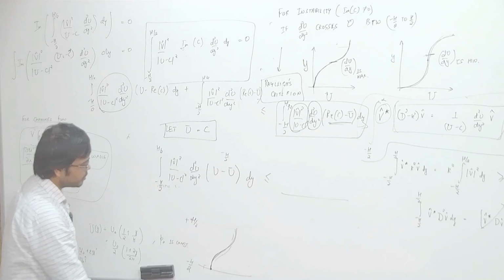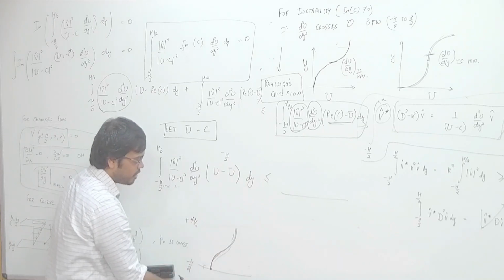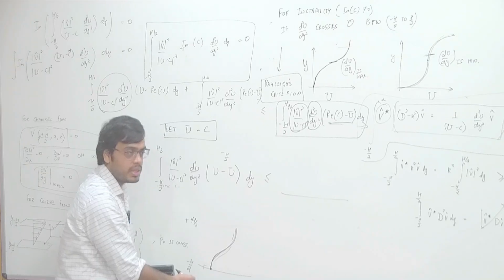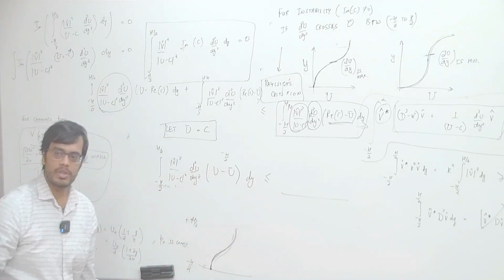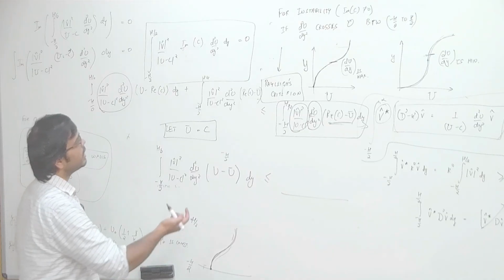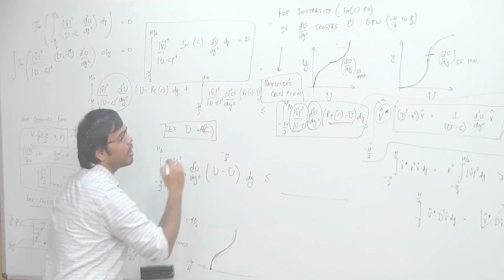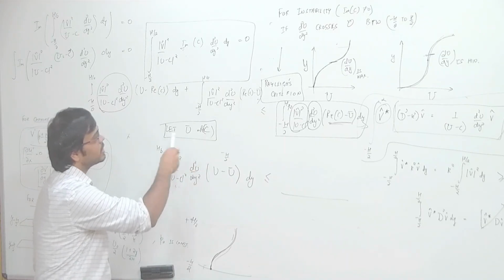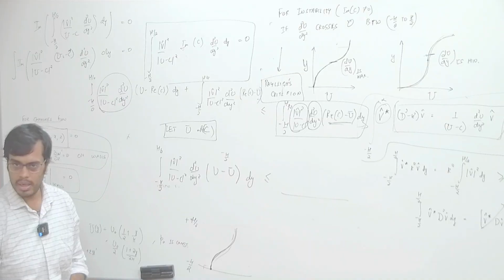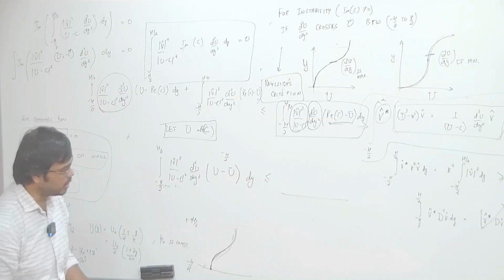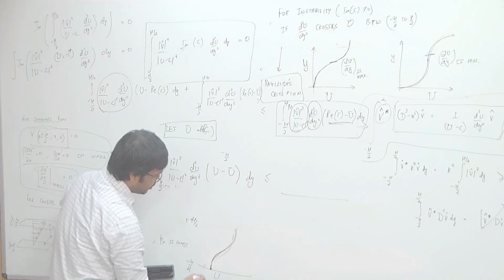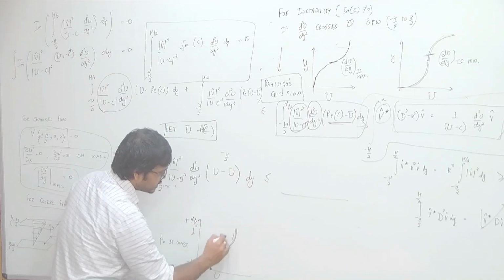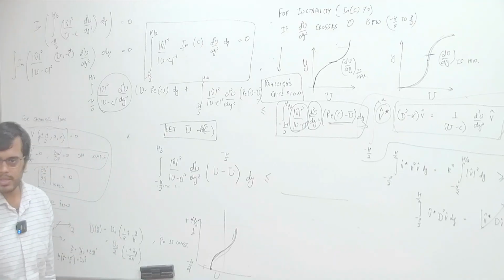Capital U has a variation between these walls, and let us say you have a value of c such that capital U is equal to that c at that y location. For example, this is your capital U versus y. Let us say the real part of c is something like this.